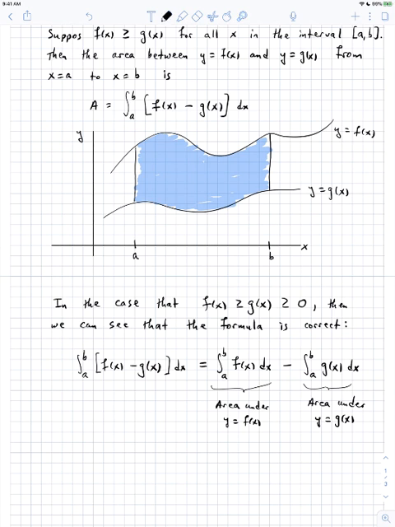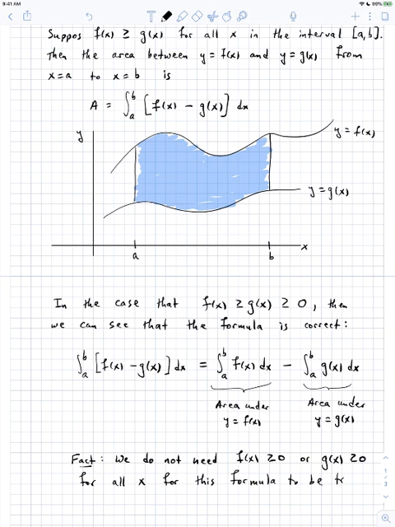However, what's interesting about this is that in fact we do not need f of x greater than or equal to 0 or g of x greater than or equal to 0 for all x for this formula to be true. Now when I say this formula, I'm talking about this formula right there.